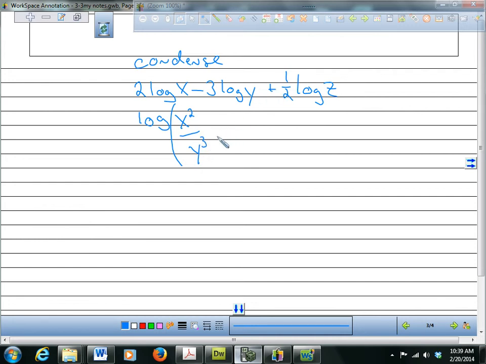And plus is the same as, so z to the 1/2 power. What's something raised to the 1/2 power? Square root. So this can be rewritten as x squared square root of z over y cubed. You understand what I just did? Okay, so I'm going backwards from expanding.